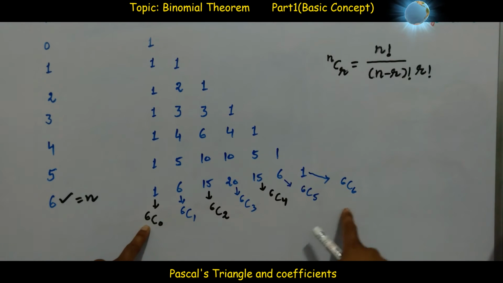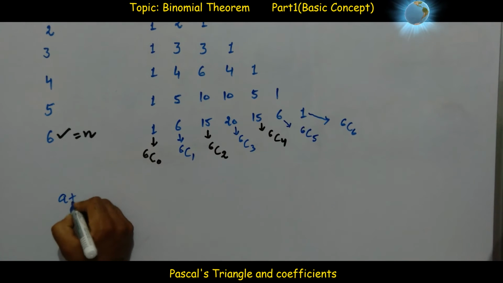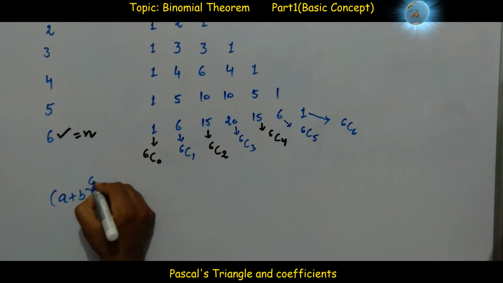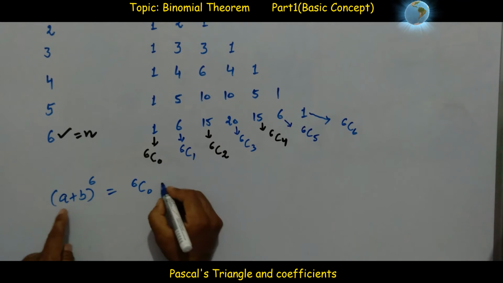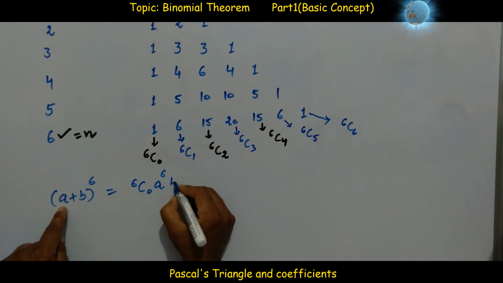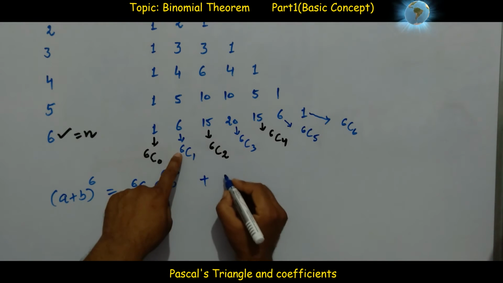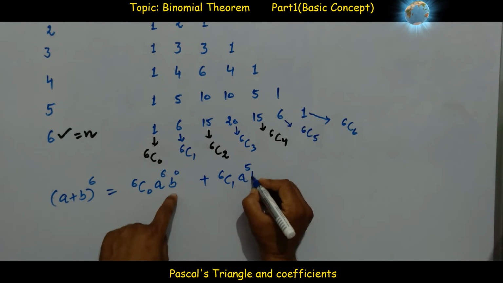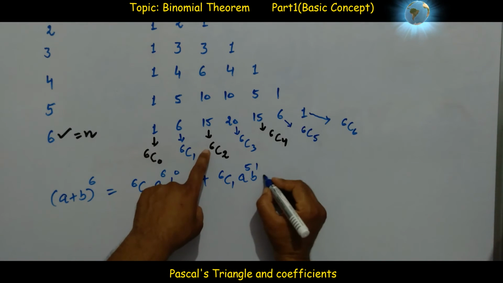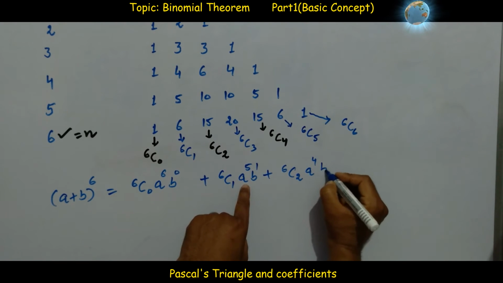Now this rule is applicable for all numbers. So meaning to say, if we have (a plus b) whole raised to power 6, then what can we write? We can write this way: 6c0 into a raised to power 6, b raised to power 0. Next is this term 6c1 a raised to power 5 into b raised to power 1. Next is plus 6c2 a raised to power 4 b raised to power 2.